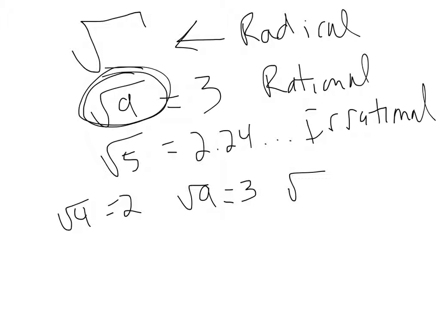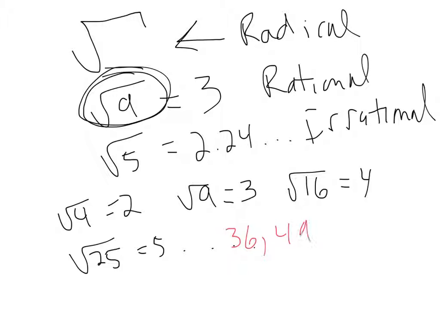Square root of 16 is 4. Square root of 25 is 5, and so on. So these numbers right here are considered the perfect squares. Okay, the square numbers. And so 4, 9, 16, 25, let's write them down, 36, 49, 64, etc.